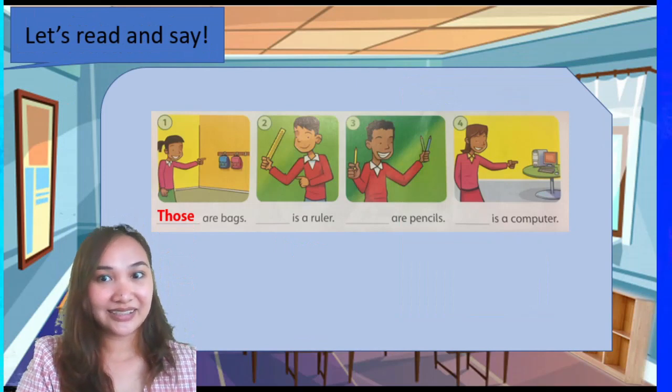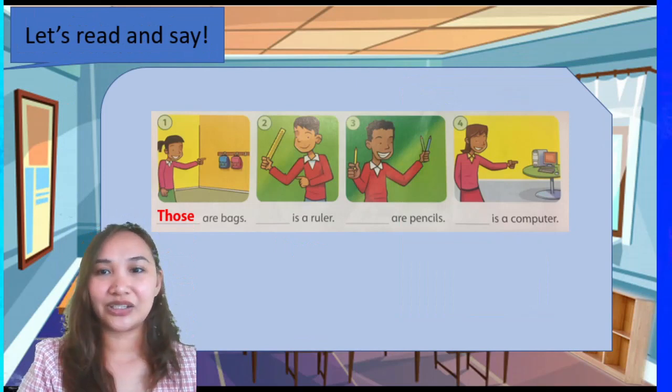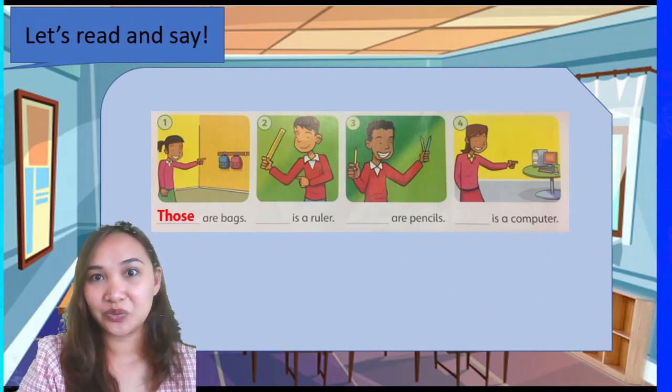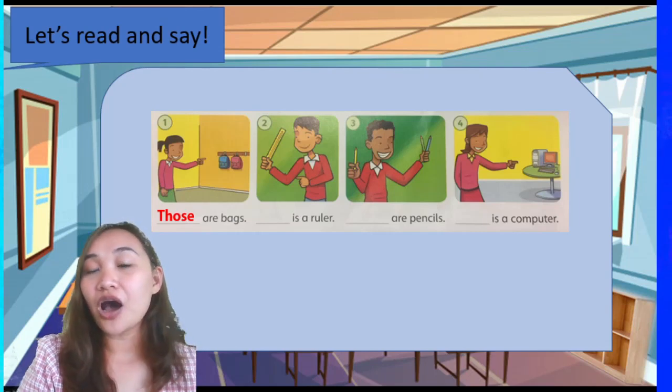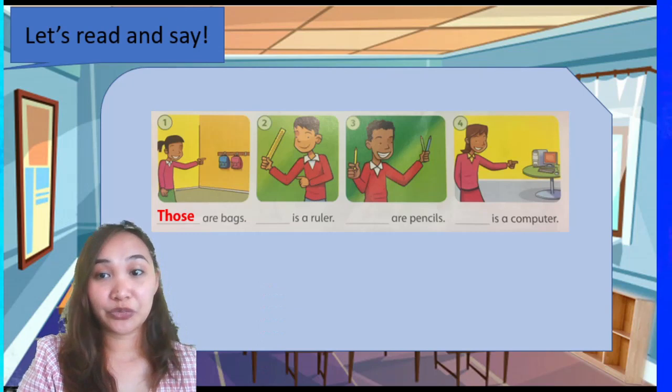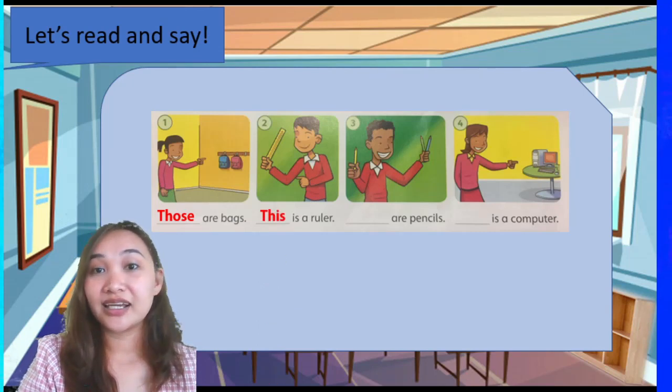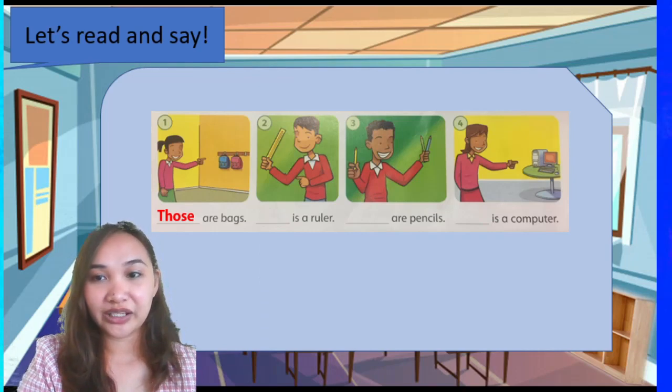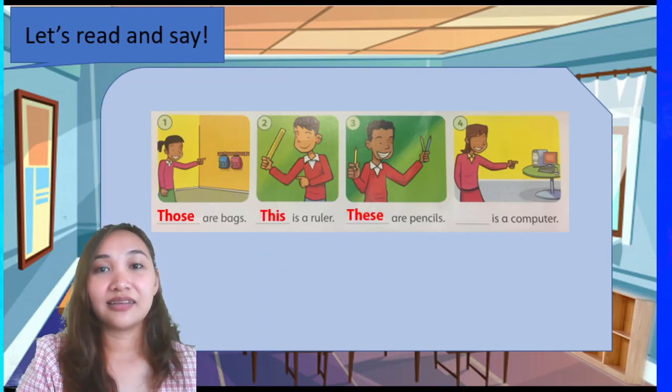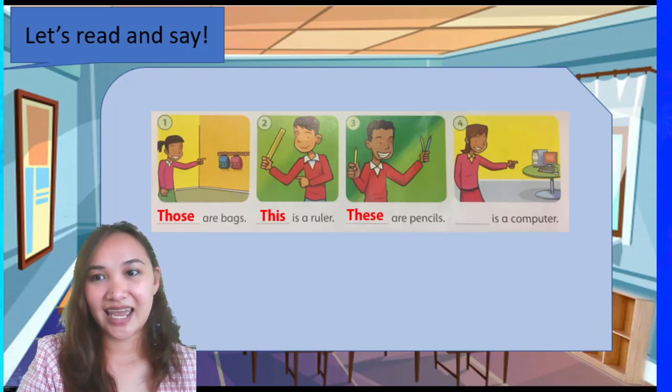The girl is pointing to the two objects. She will say, those are bags. Number two, this is a ruler. Number three, these are pencils. Number four, that is a computer.